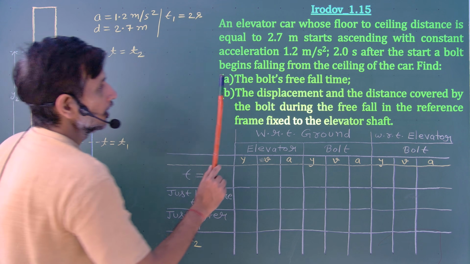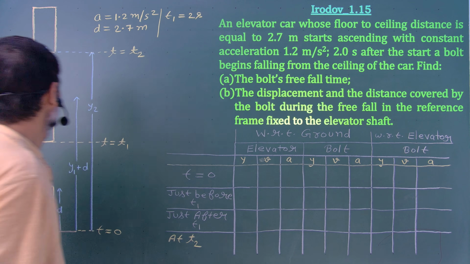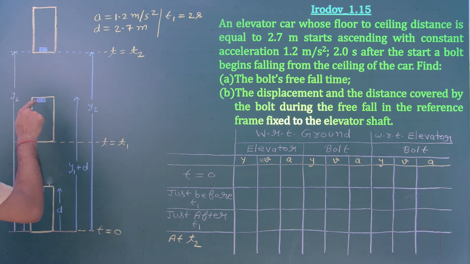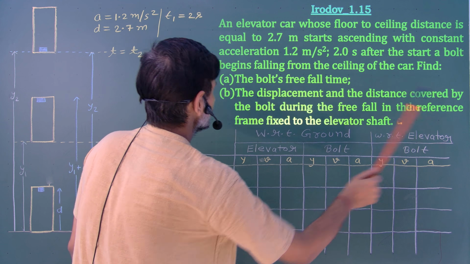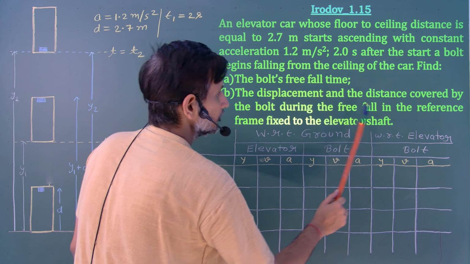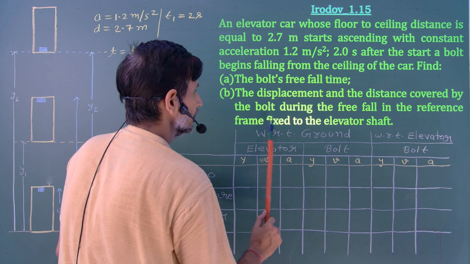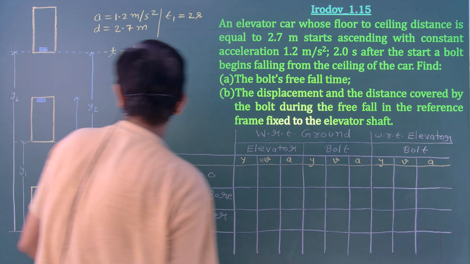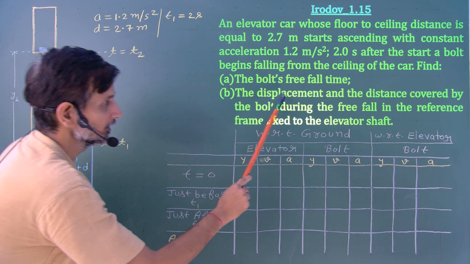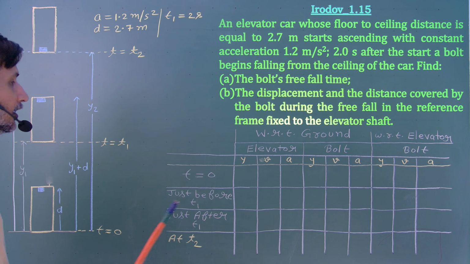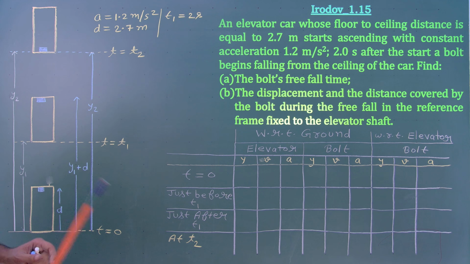Okay, the bolt's free fall time. So we have to calculate how much time bolt will take to strike the floor. Second, the displacement and the distance covered by the bolt during the free fall in the reference frame fixed to the elevator shaft. Elevator shaft means with respect to ground. So we have to calculate displacement and distance covered by the bolt during the free fall.